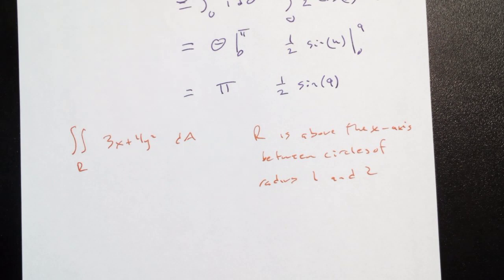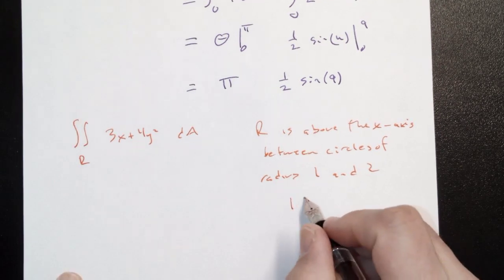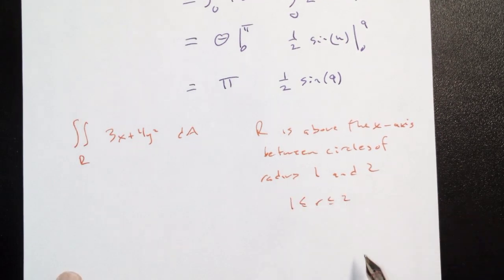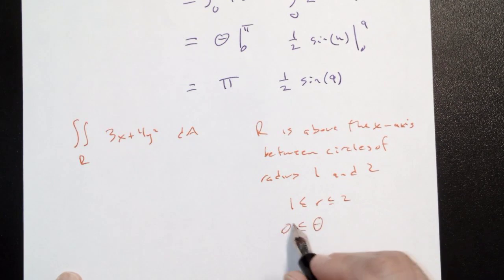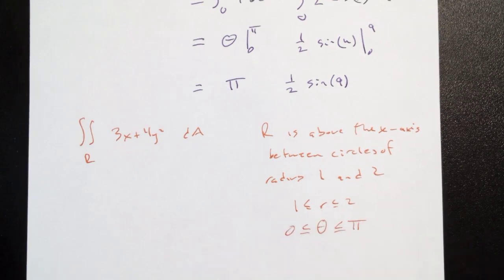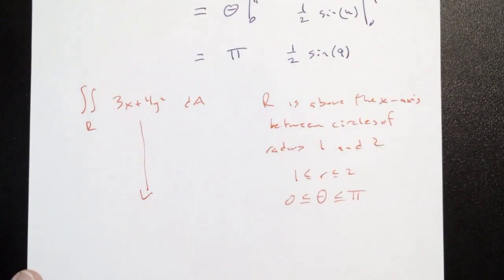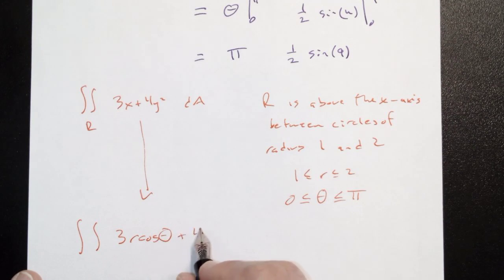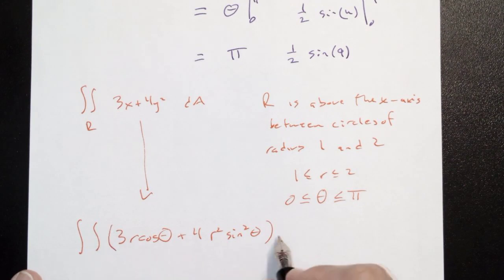R goes from 1 to 2, θ from 0 to pi. Which makes this integral 3r cosine θ plus 4r squared sine squared θ, all in parentheses, r dr dθ. The r is on the inside, so 1 to 2. dθ is on the outside, 0 to pi.